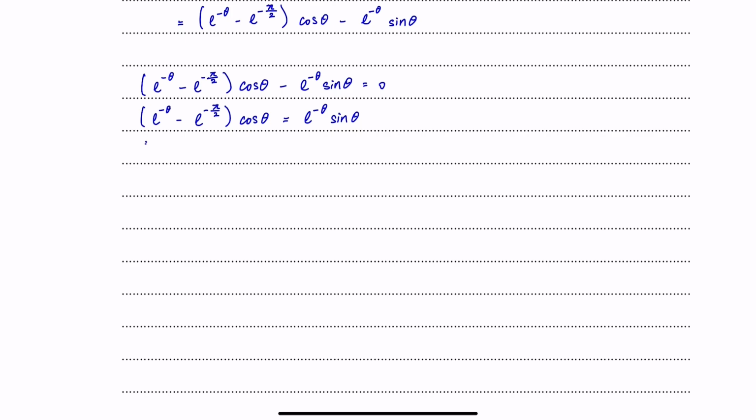So e to the power of negative θ minus e to the power of π/2 over e to the power of negative θ equals sin θ over cos θ. And this would be 1, this would be negative e to the power of θ minus π/2, and this would be tan θ.